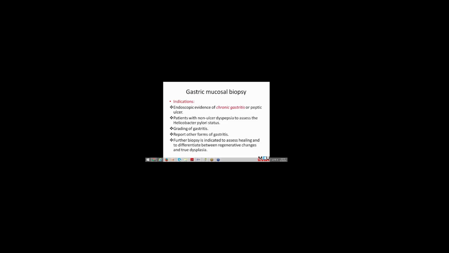As you know, there are two kinds of gastritis: those due to Helicobacter pylori and the other causes, the autoimmune variety, and also to grade the gastritis and report the other forms of gastritis. And biopsy is indicated to assess the healing and to differentiate between the regenerative changes and any dysplasia, any precancerous conditions, whether they have arisen.